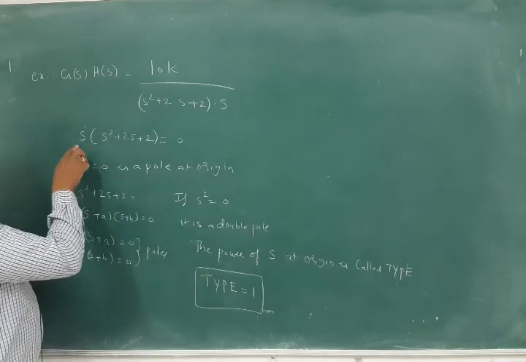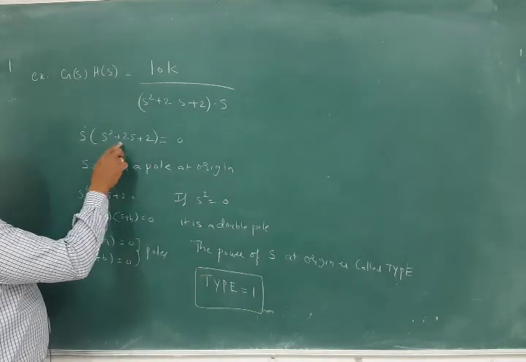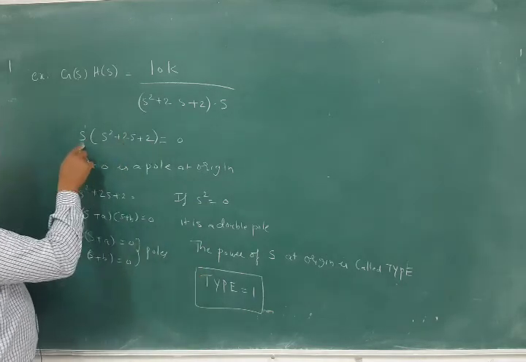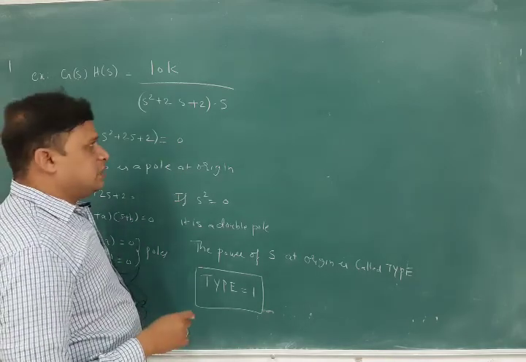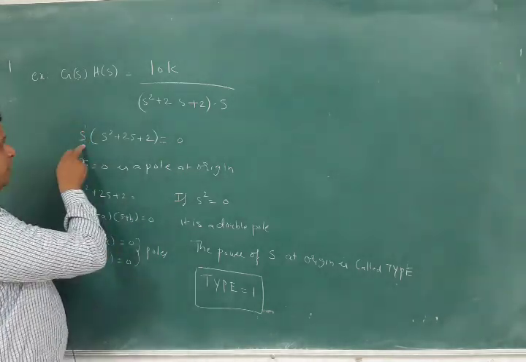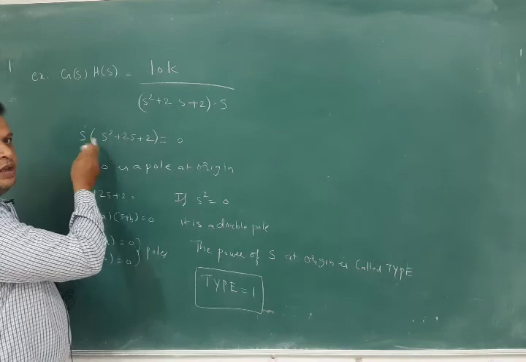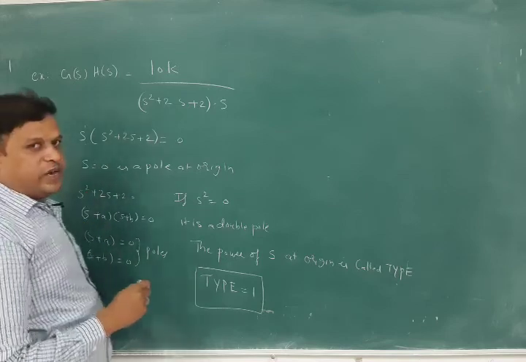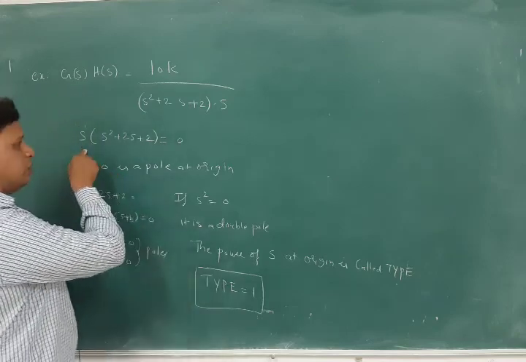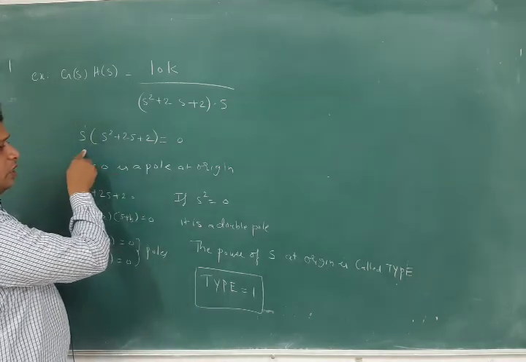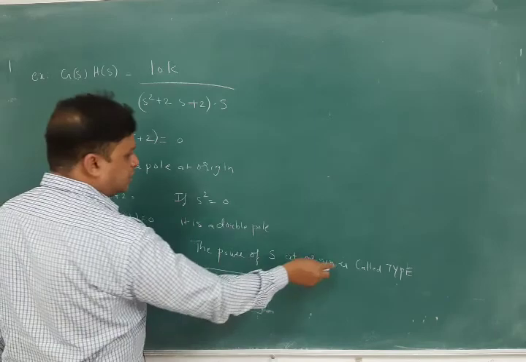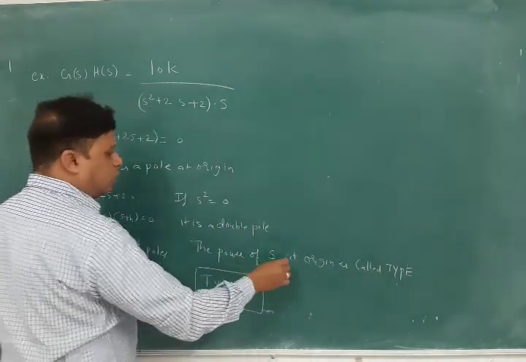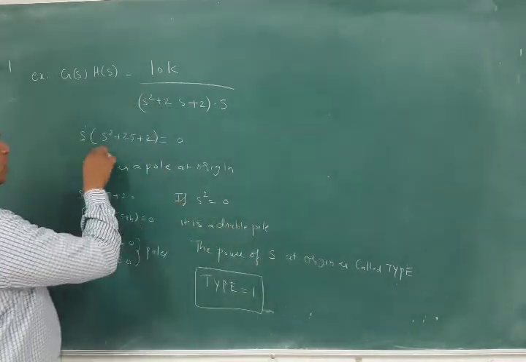In all these equations, s is equal to 0, s square plus 2s plus 2 is equal to 0. Here instead of s we can write s plus 0 or s minus 0, because it does not have any plus a like s plus a or s plus b, so it is at origin. Whatever the power of s at origin is called the type.